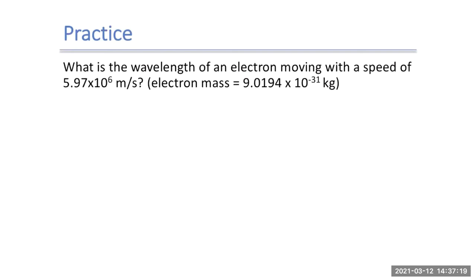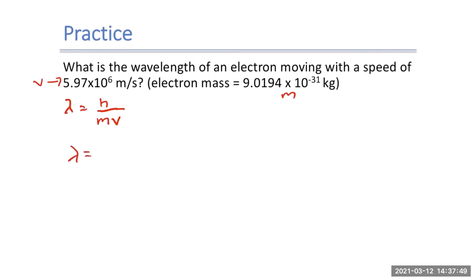So if we use de Broglie's equation, that says that our wavelength equals Planck's constant divided by its mass times velocity. So here I'm given a mass, here I'm given its velocity. And I know Planck's constant, it's a constant.